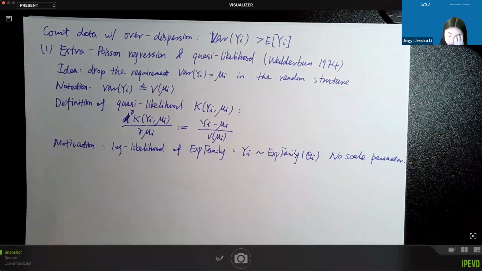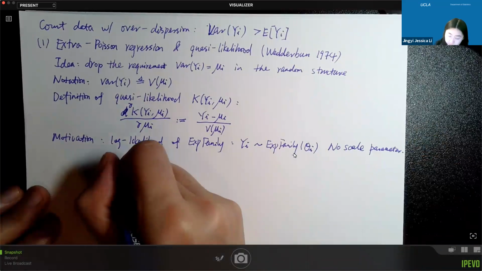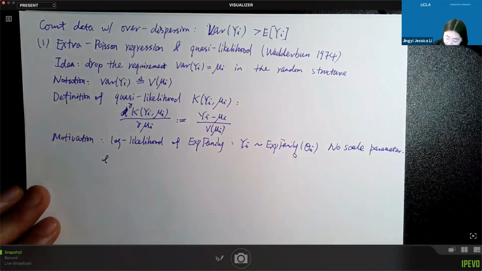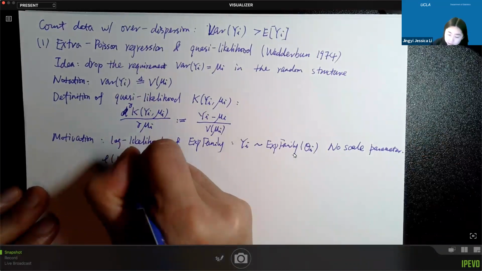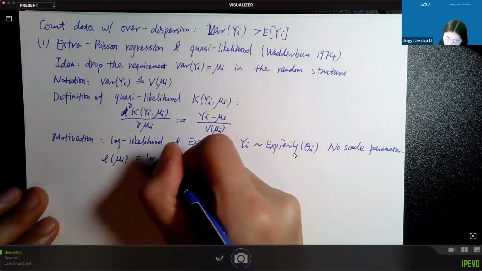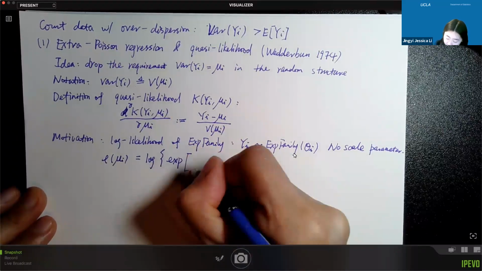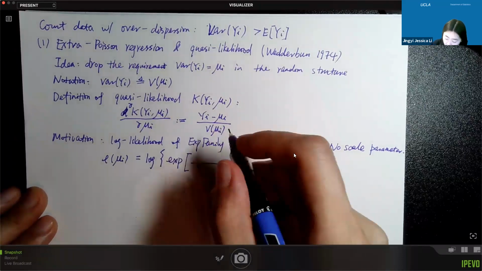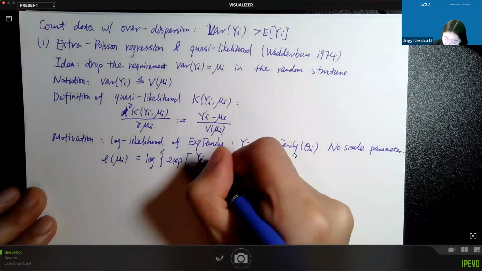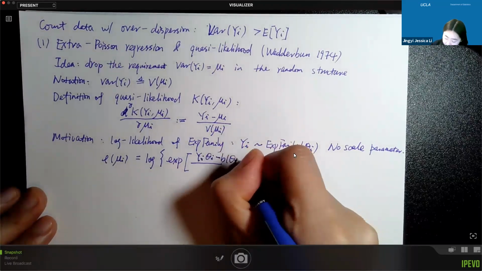So recall what the log likelihood is here. If mu_i is the mean of yi, then the log likelihood is just the log of the density of yi given theta_i. That's the log of the exponential density. It's yi times theta_i, we are familiar with this, minus b of theta_i, over a_i.